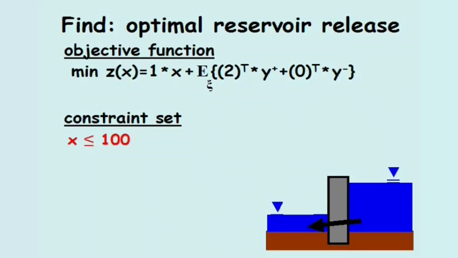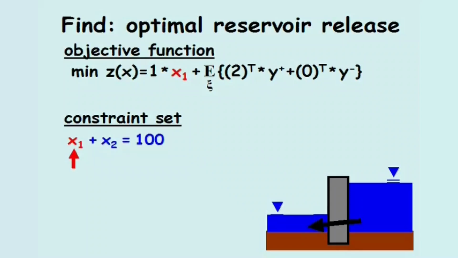To put this constraint into standard form, we'll change X to X1 and add a slack variable, X2. Now the inequality constraint is an equality constraint, and the unit cost associated with the slack variable X2 equals 0.